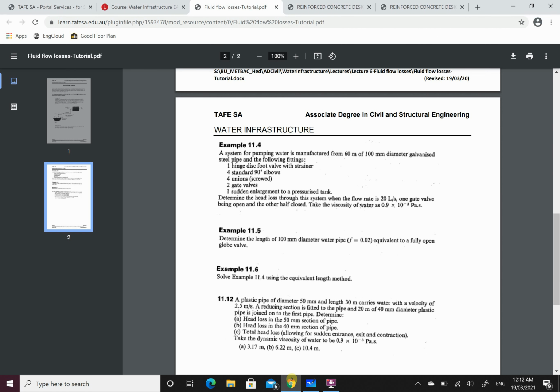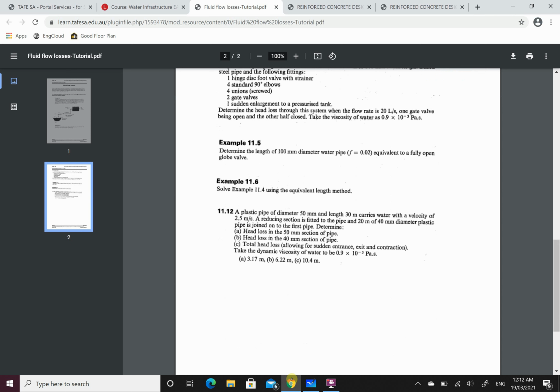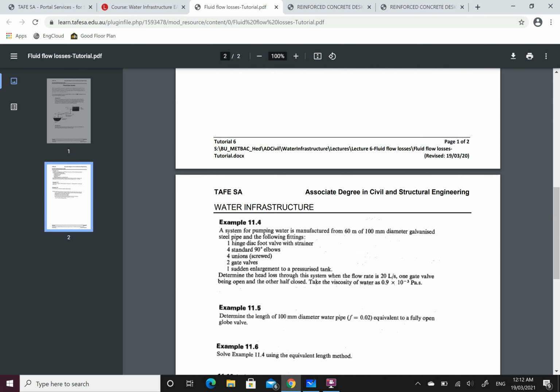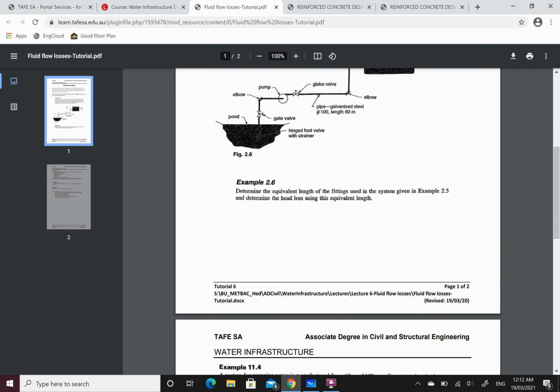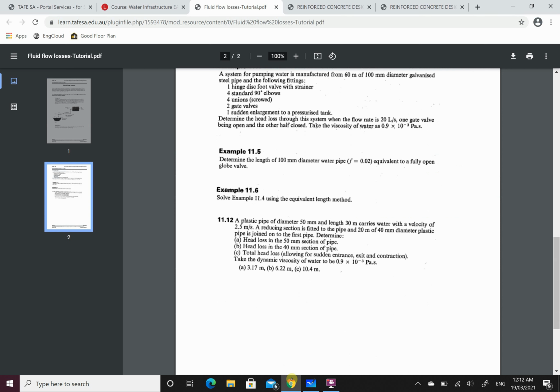I will leave 11.5 and 11.6 for you guys to tackle. I'll go through 11.12. These ones are not difficult. It is similar to what we did in 2.6. So 11.12, let's go through this.